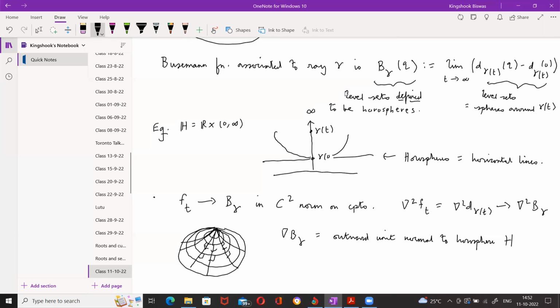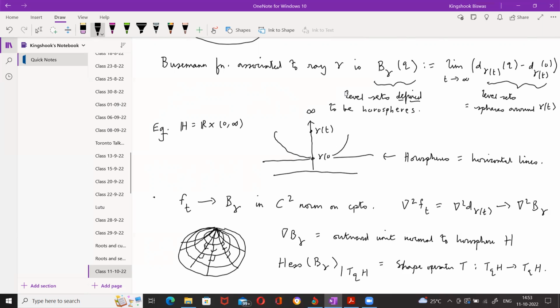So let me call it the horosphere H. And similarly, like we did for the distance function, the Hessian of the Busemann function restricted to the tangent space to a horosphere is equal to the shape operator of the horosphere, from T_qH to T_qH.